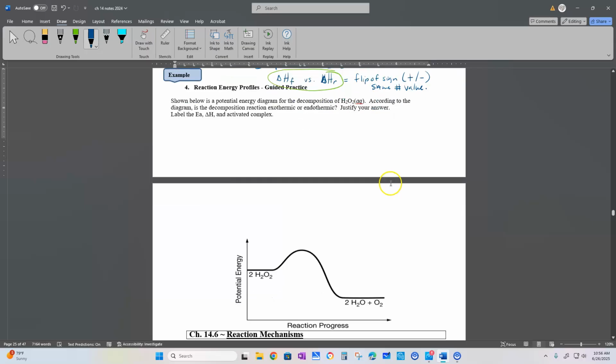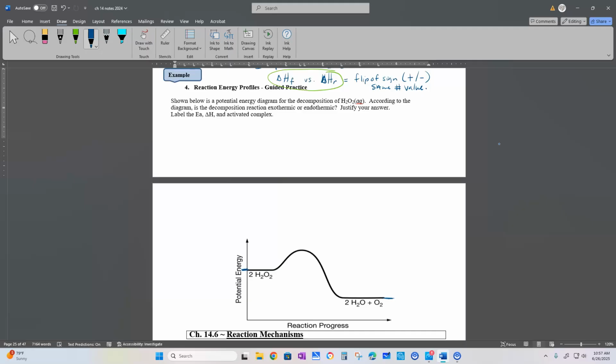Okay? So, another scenario. The reaction pathway profile. Here's another, actually I saw this graph on AP Chem before. According to the graph, this is the decomposition of hydrogen peroxide. So hydrogen peroxide broke apart and formed water and O2. Is the decomp reaction exo or endo? Well, notice where you started and where you ended. Okay?